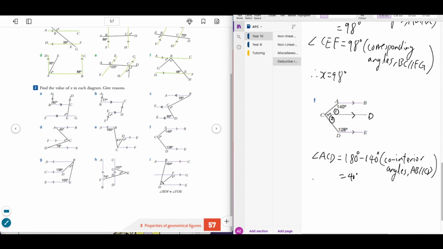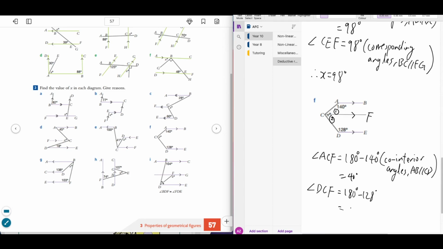Now the next step is you can say angle DCE. Okay, sorry, I shouldn't have used D here because D was already taken. I'm just going to put, let's say A, B, C, D, E, then F. This can be F. So then in this question, it should be ACF. So then the DCF would be equal to 180 degrees take away 128 degrees.